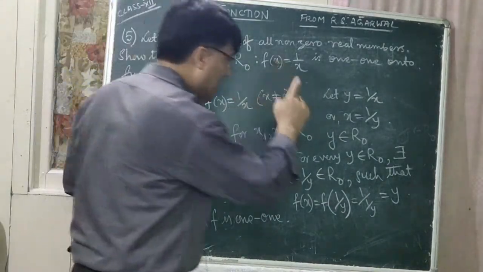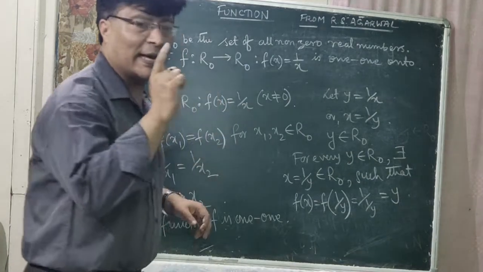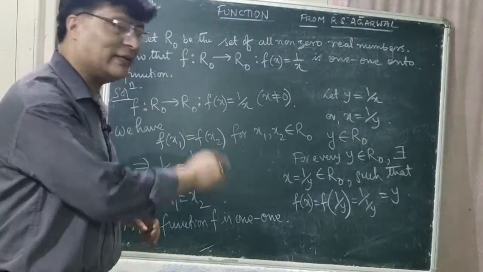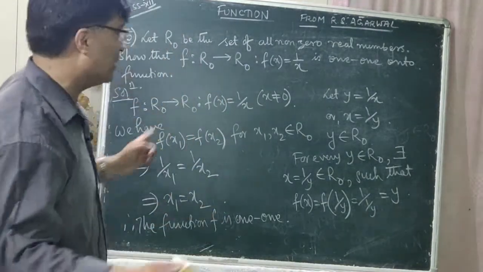So now each y belongs to R0 has a pre-image in R0, that is your domain, right?